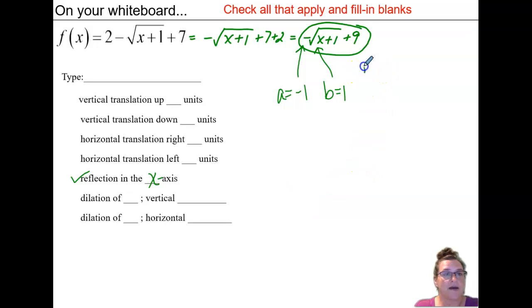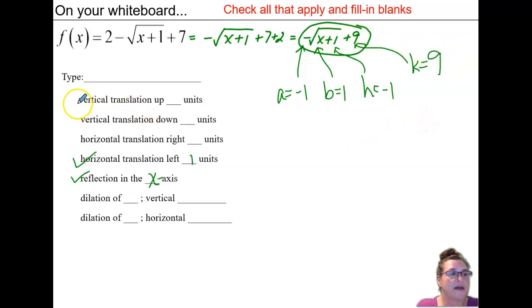And then we've got our h, and since this is x plus 1, our h is a -1, which is a horizontal translation to the left 1 unit. And then the k, the constant here at the end, it's a +9, so k is +9, and that is a vertical translation up 9 units.